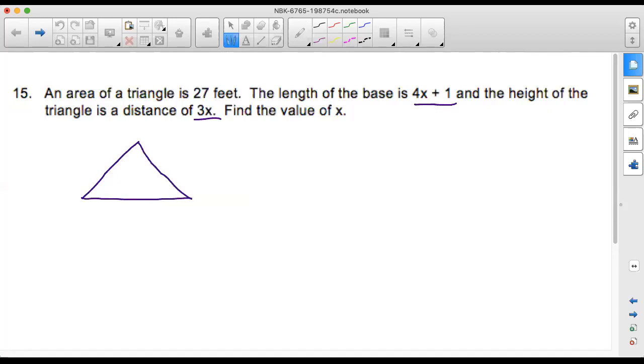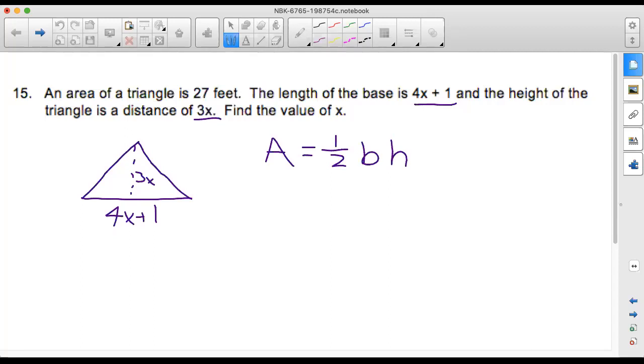The base is 4x plus 1. The height is 3x. This requires you to remember what the formula for the area of a triangle is. What is that? Faith? Base times height.